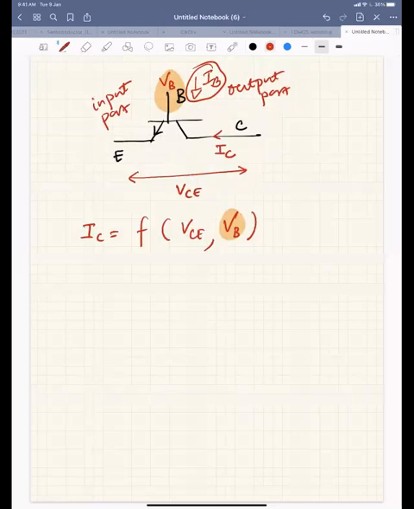So this is one case: your base current should be low. And our output current is flowing between collector and emitter, so there should not be any difference, there should not be any drop inside the device. That means the collector current should be equal to the emitter current.